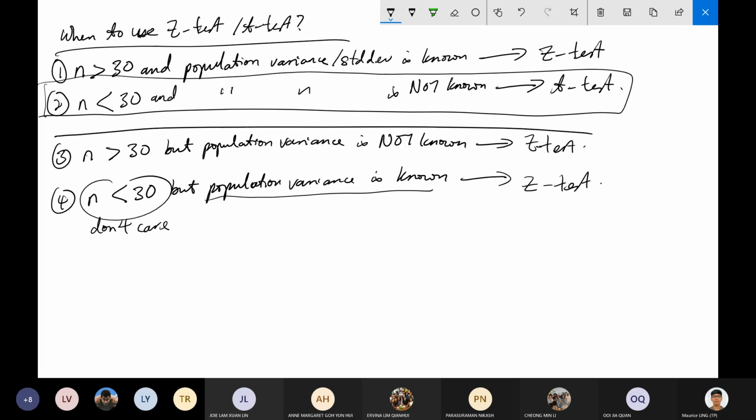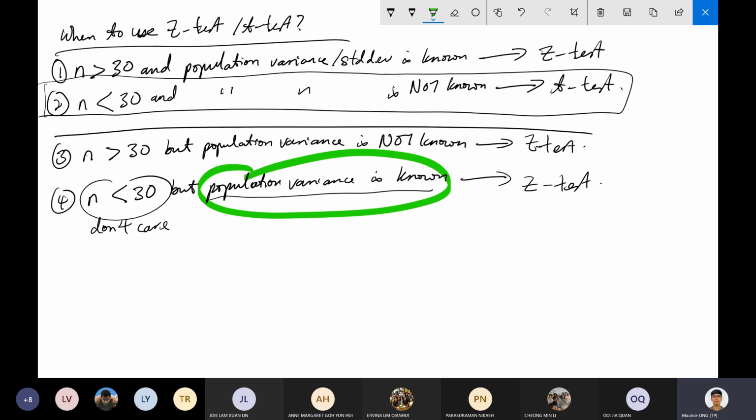All right. Now this is a confusion because in real life, population variance known is the most difficult to get. You never know the population variance. You can actually have sample size more than 30, possible. But think about your lab experiment, you're not even going to have sample size more than 30.